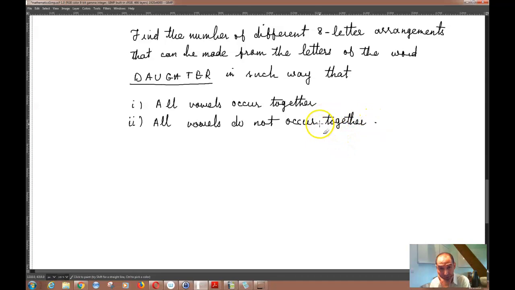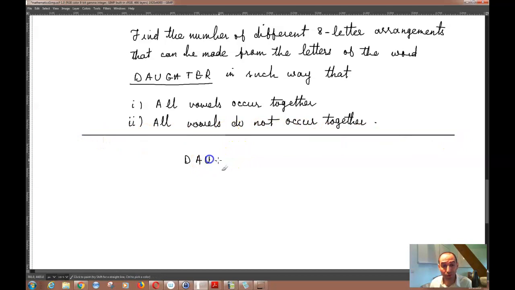Okay, so in order to solve this problem, first we want to understand it. You want to find the number of different 8-letter arrangements that can be made from the letters of the word daughter, D-A-U-G-H-T-E-R, which has 1, 2, 3, 4, 5, 6, 7, 8 letters. You want to know how many 8-letter words you can make with these 8 letters.